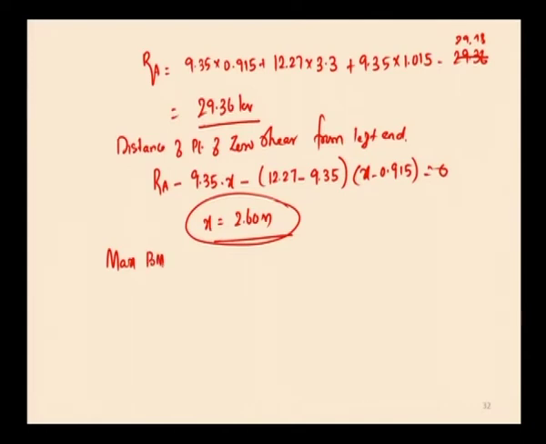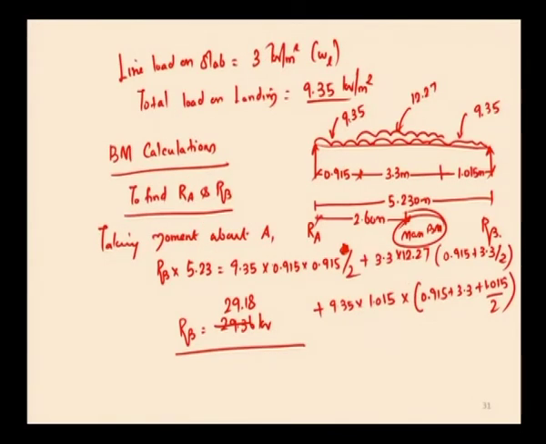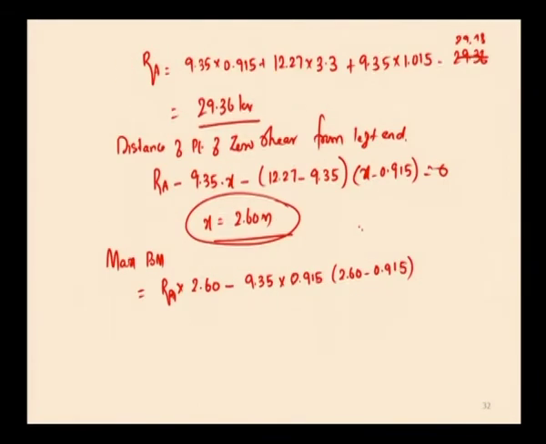The maximum bending moment is equal to R A into 2.60 minus 9.35 into 0.915 into (2.60 minus 0.915 by 2) minus 12.27 into (2.60 minus 0.915) into (2.60 minus 0.915) by 2.